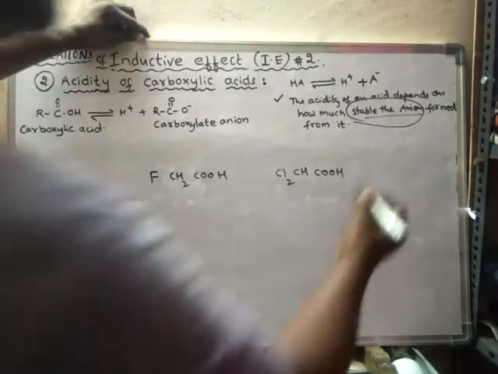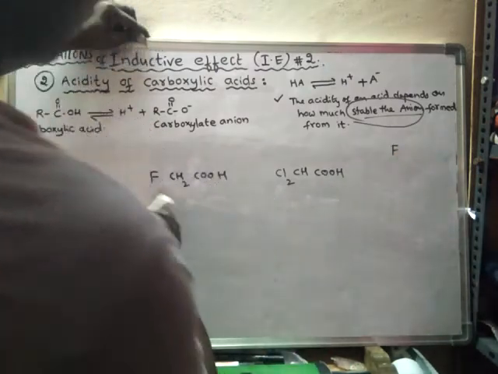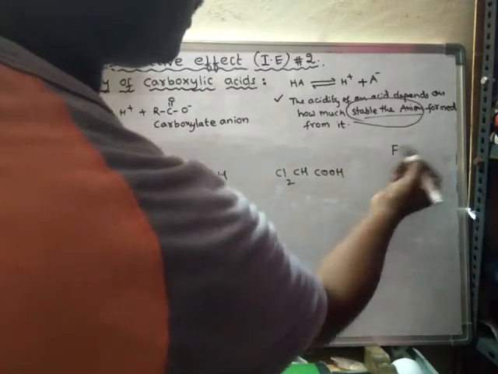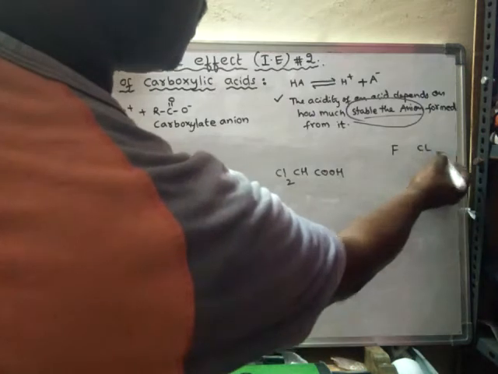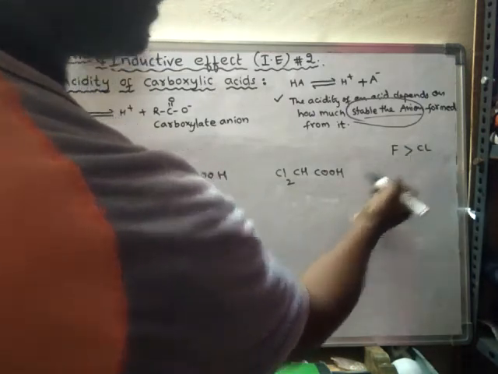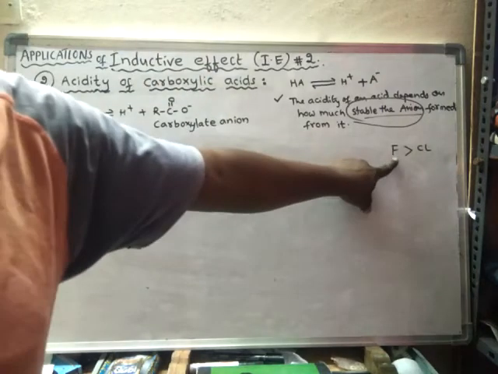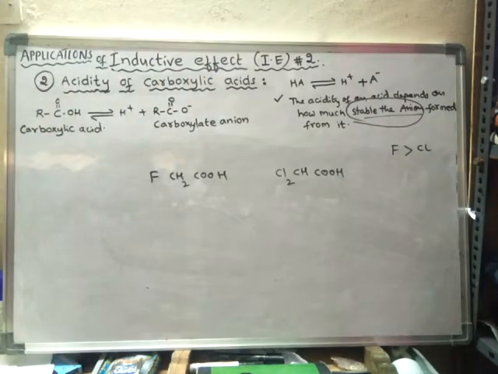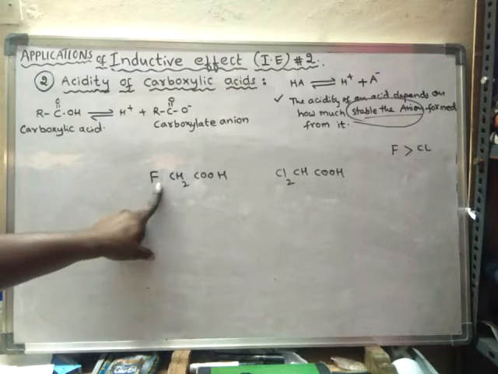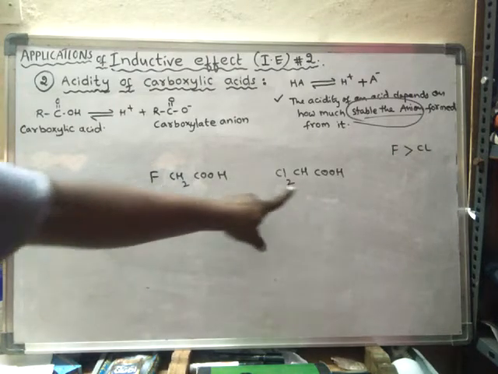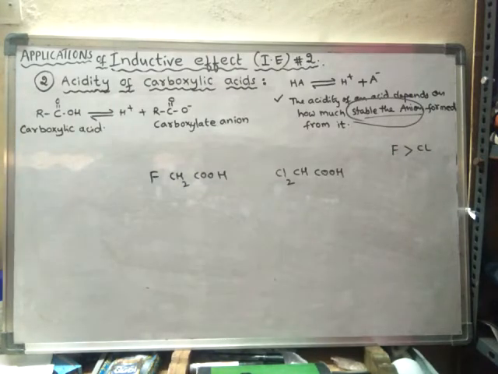Already we know that this fluorine and chlorine, they are what? They are minus IE groups. Fluorine is more of a minus IE group than chlorine. So in this compound, one fluorine is present, whereas in this compound two chlorines are present.